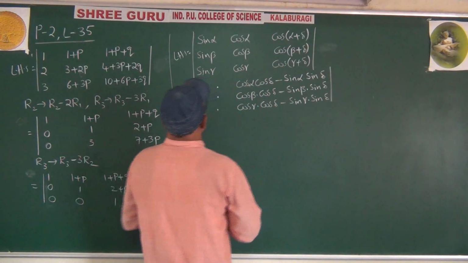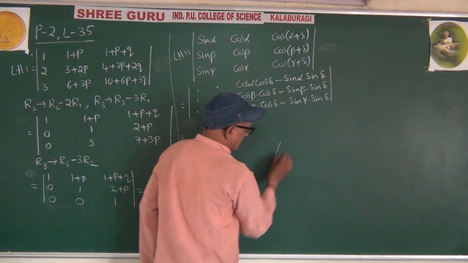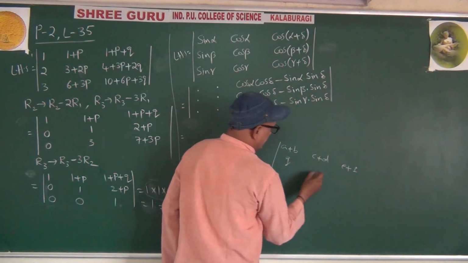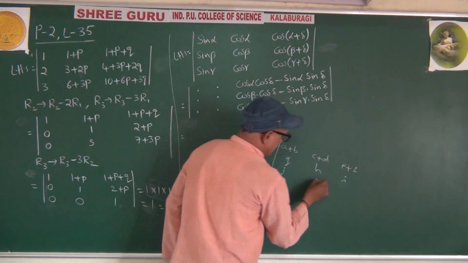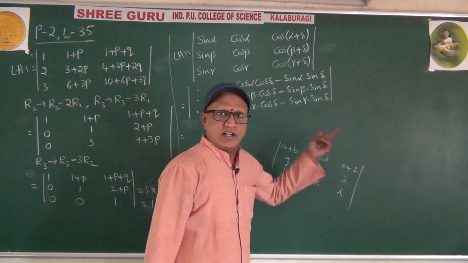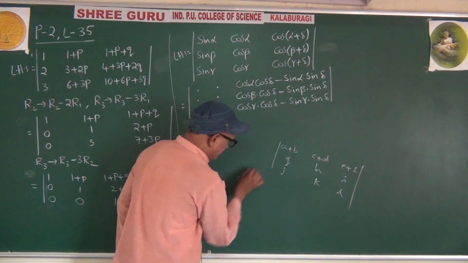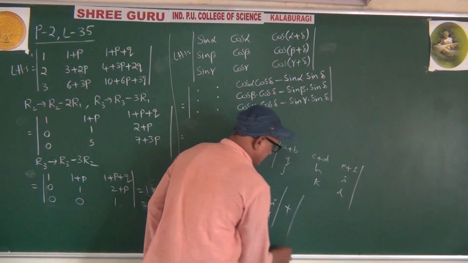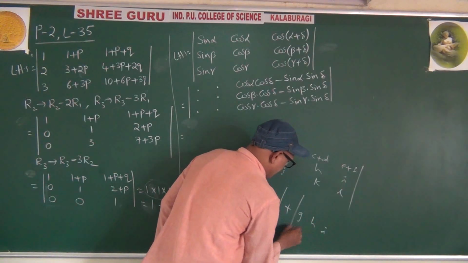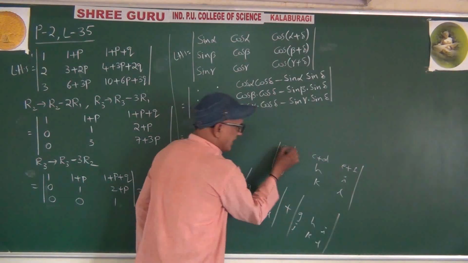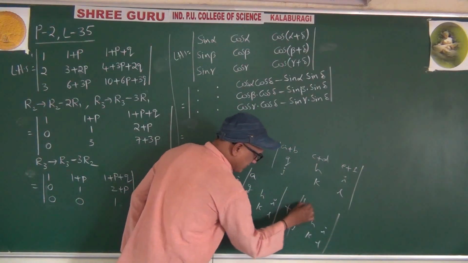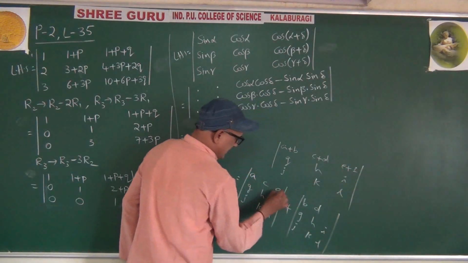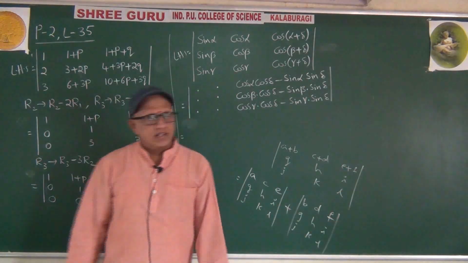I think the property was like this: a plus b, c plus d, e plus f, g h i j k l. If the determinant is like this, we can write it as the determinant with a b c d e f, g h i j k l, plus the determinant with g h i j k l, a plus b, c plus d, e plus f. There is one property.